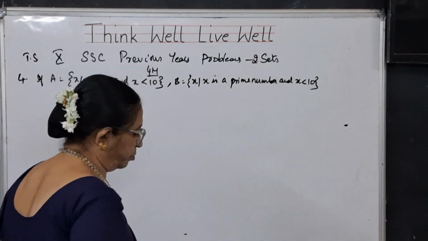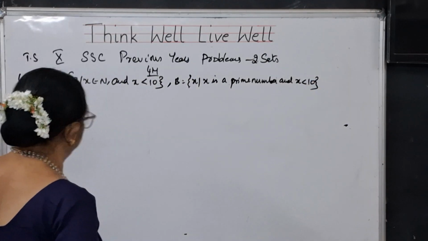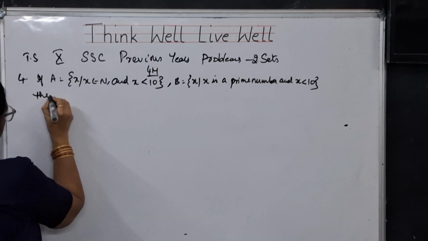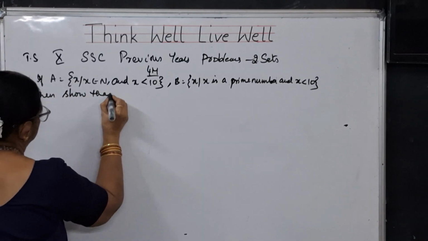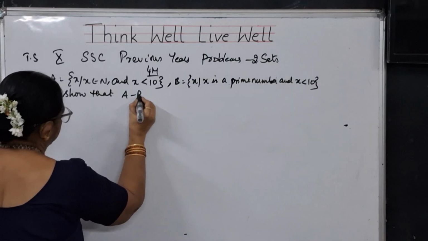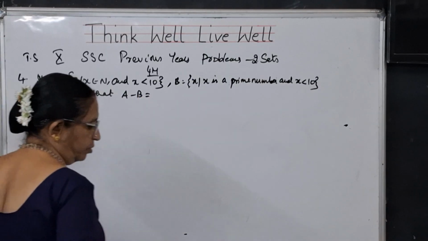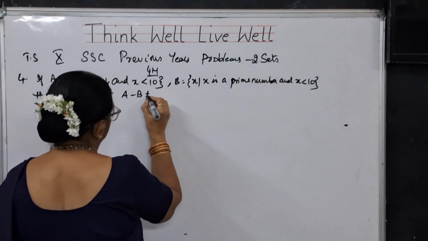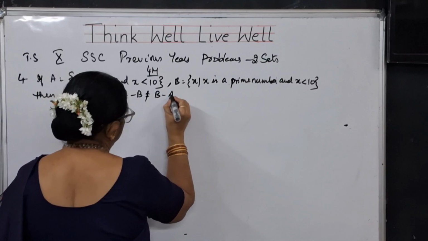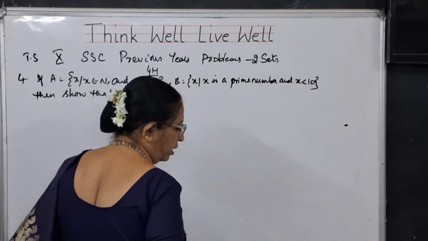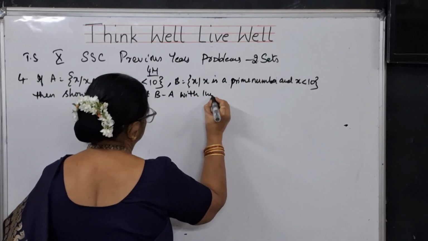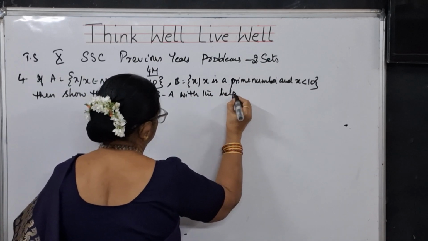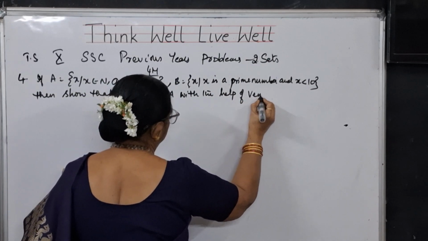This is set B. Then show that A minus B is not equal to B minus A with the help of Venn diagram.